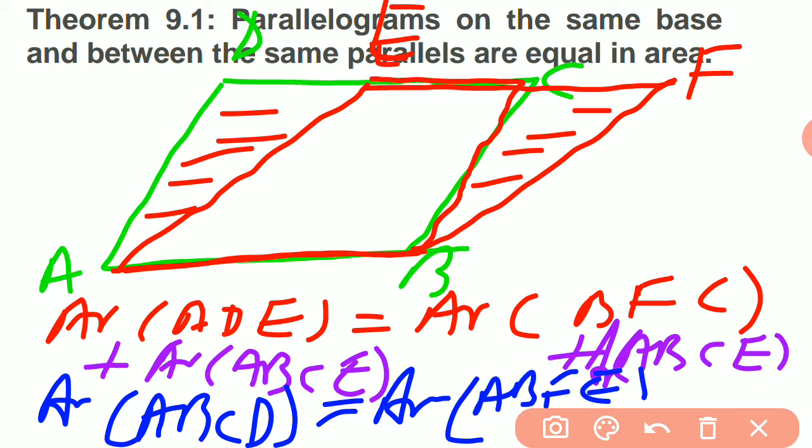In this way we can prove that two parallelograms on the same base and between the same parallels are equal in area.